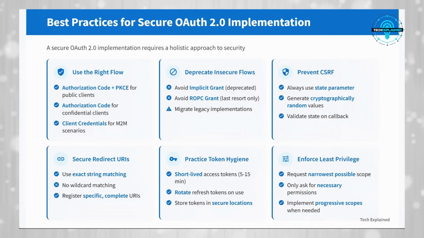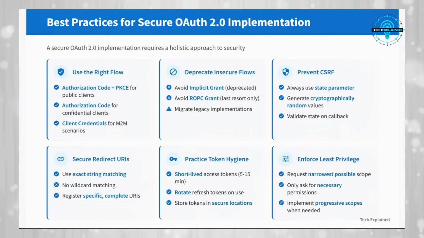Fifth, practice good token hygiene. Use short-lived access tokens and long-lived, securely stored refresh tokens. Implement refresh token rotation, where a new refresh token is issued upon use to detect and invalidate compromised tokens. This limits the window of opportunity for token abuse.